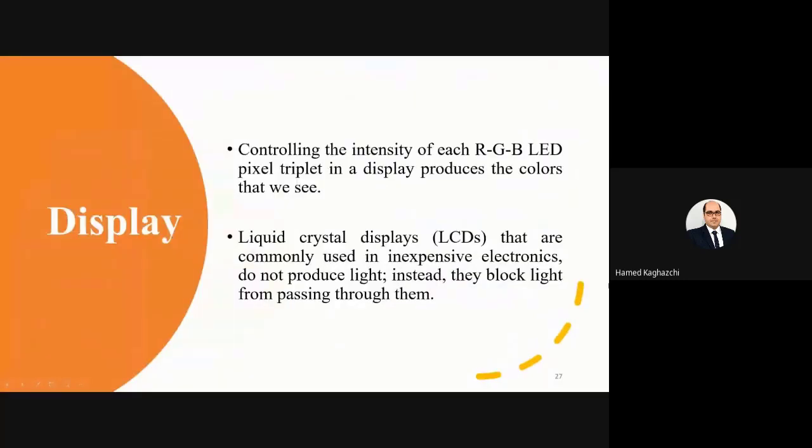Let's talk about the display or monitors. One of the optical actuators in digital devices like smartphones is the display or monitor. In fact, optical actuation is stored in memory as an image and is shown on a digital display.